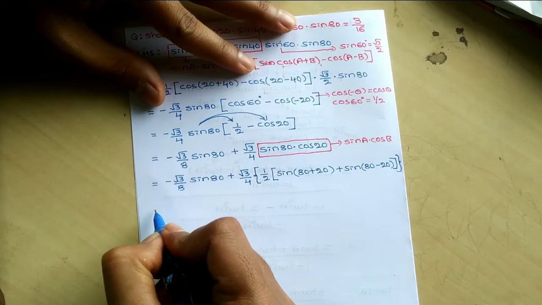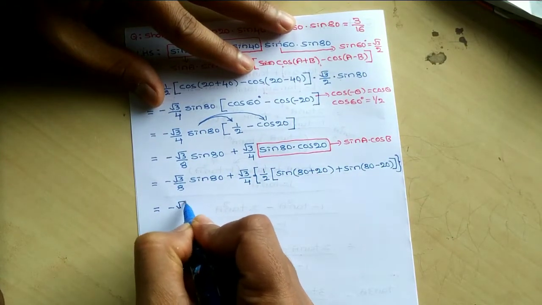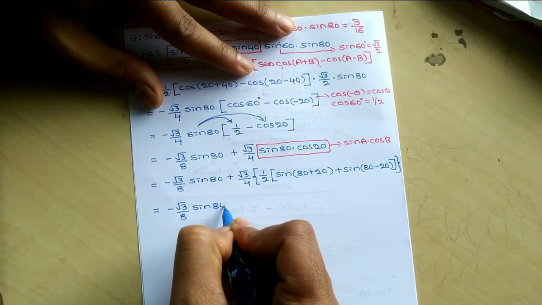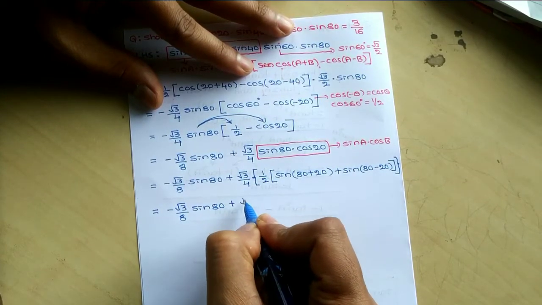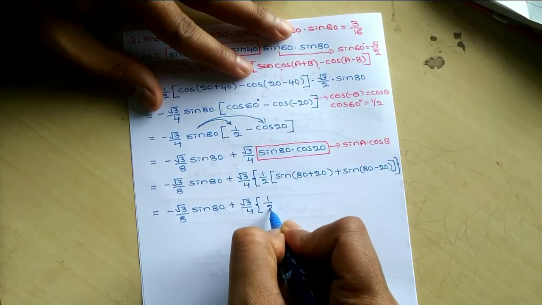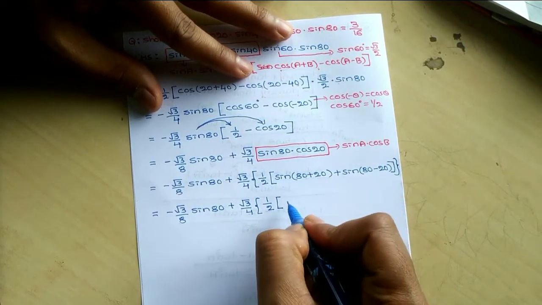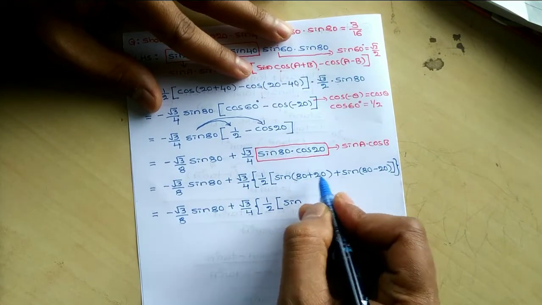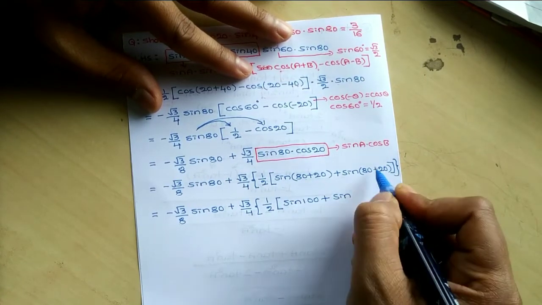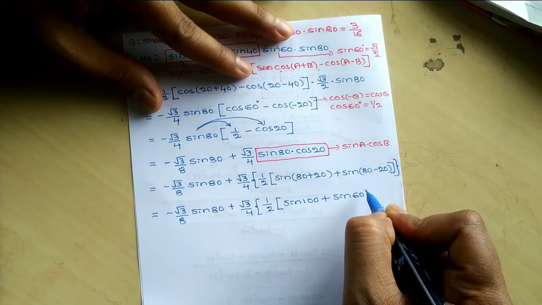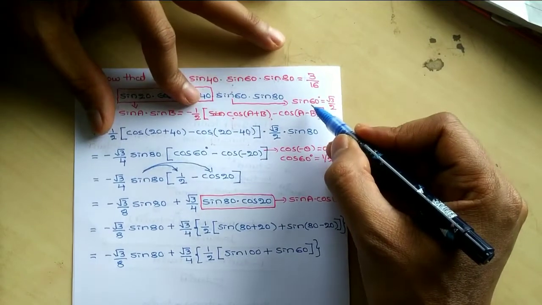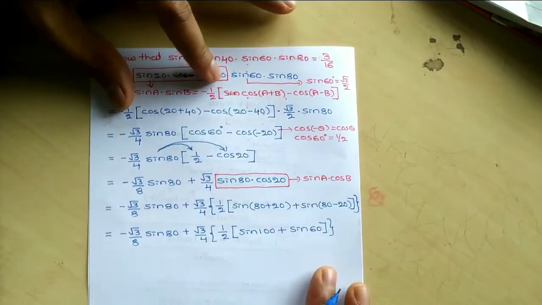So next, which is equals to minus root 3 divided by 8 into sin 80, keep it as it is, plus root 3 divided by 4 in bracket 1 divided by 2, again in bracket, simplify this first. 80 plus 20 is 100 plus sin 80 minus 20 is how much here? 60. Next, you know sin 60 degree.